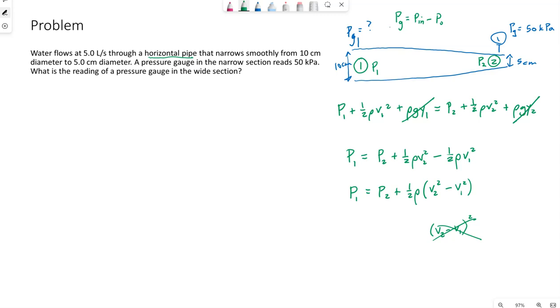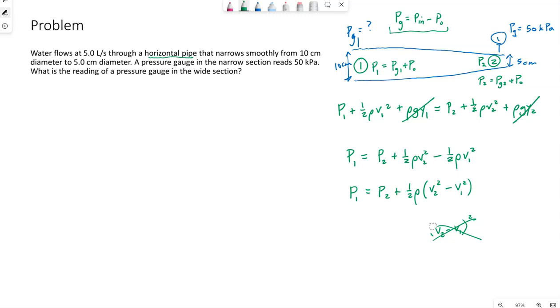So solving this, technically P1 would be the gauge pressure at point 1 plus atmospheric pressure. Similarly, P2 would be the gauge pressure at point 2 plus atmospheric pressure.